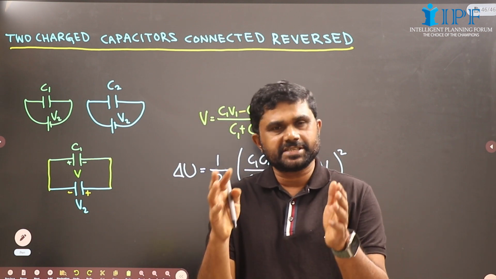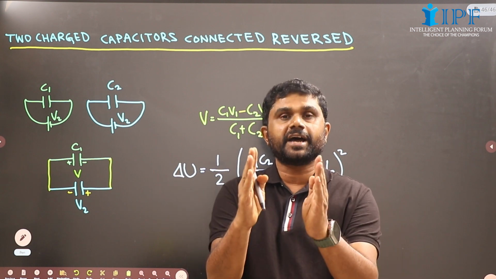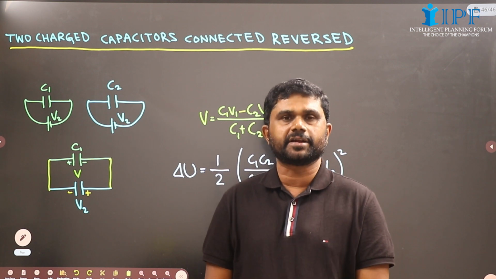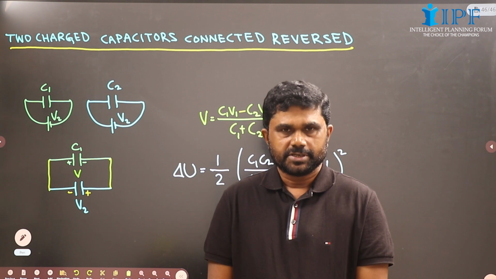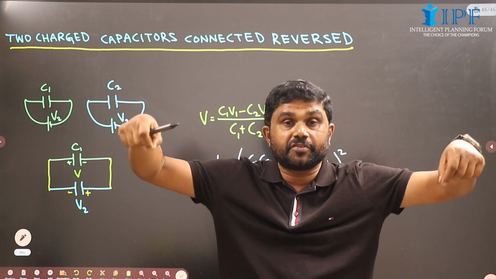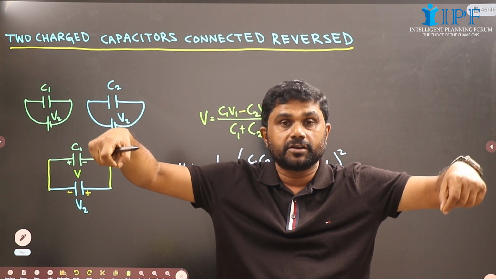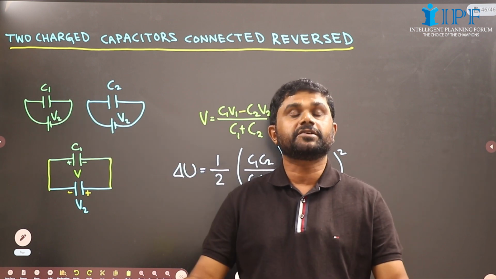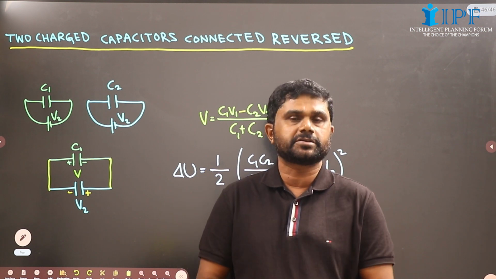The capacitor is charged, it is disconnected from the cell, and after that the separation between the plates is increased. Once it is disconnected from the cell and its terminals are not connected anywhere, whatever charge is stored in the capacitor will remain constant.